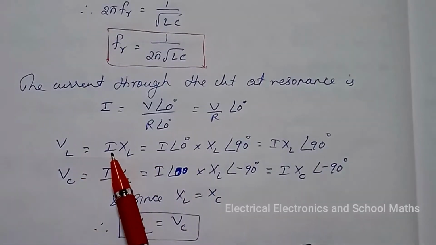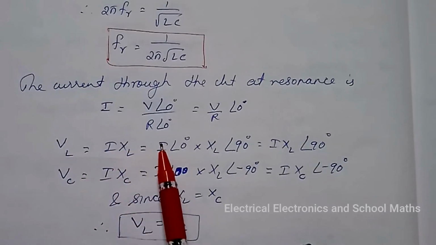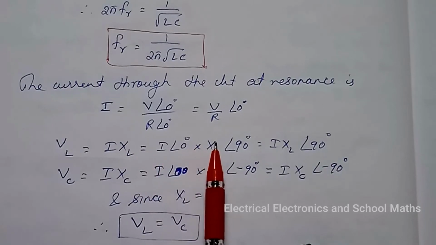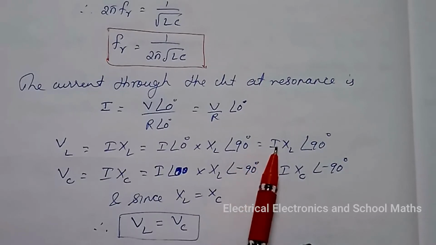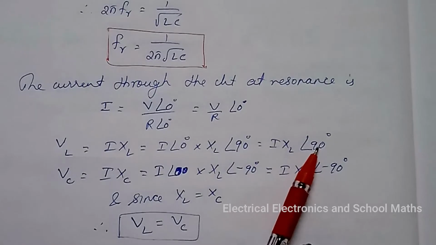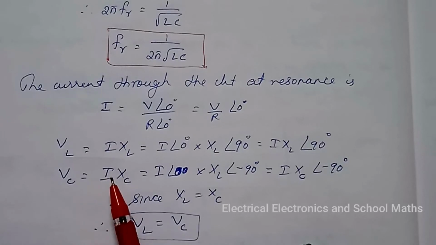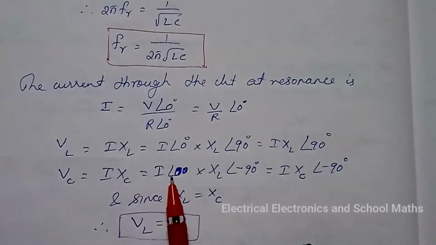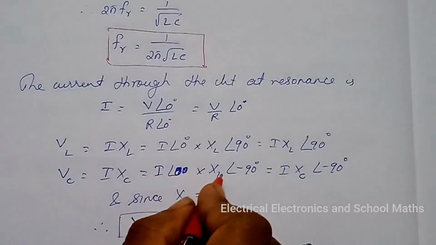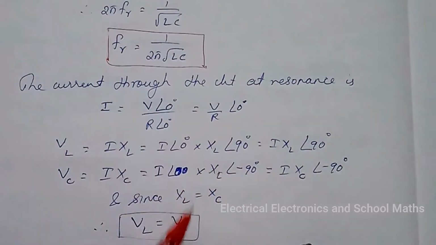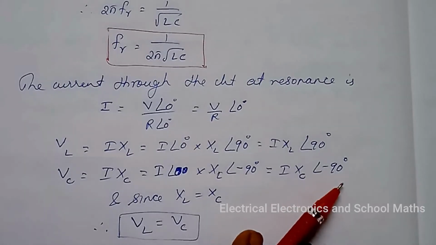VL, the voltage across the inductor, is I into XL, that is, I angle 0 degrees into XL angle 90 degrees, which equals I XL angle 90 degrees. Similarly, VC, the voltage across the capacitor, is I into XC, equal to I angle 0 degrees into XC angle minus 90 degrees, that is, I XC angle minus 90 degrees.